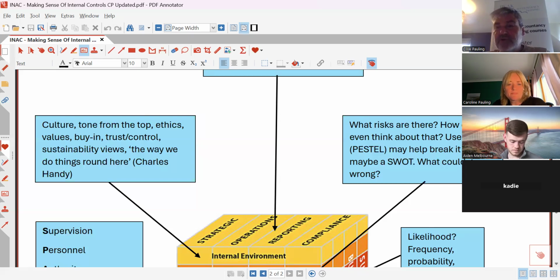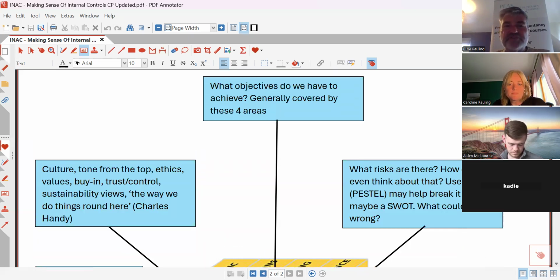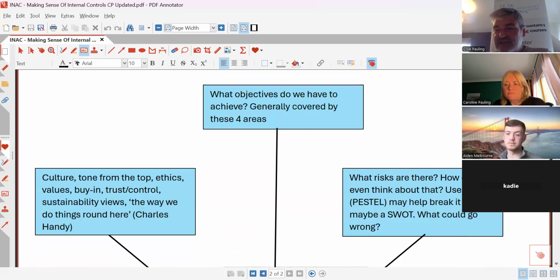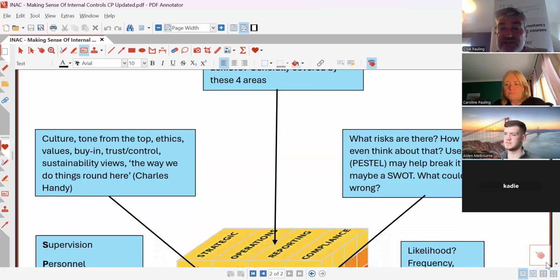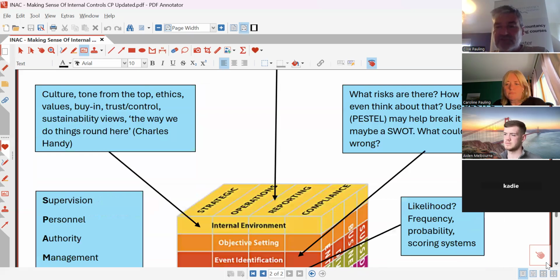To achieve those long-term aims, then basically it needs to consider the day-to-day operations that it's going to need to carry out to help deliver against those long-term objectives.